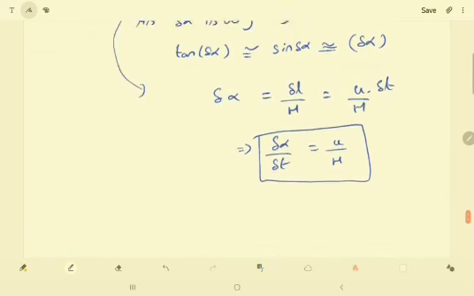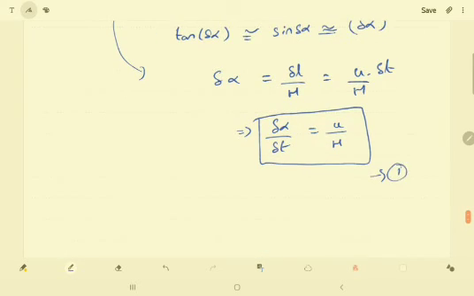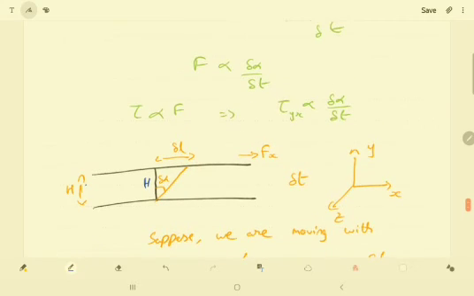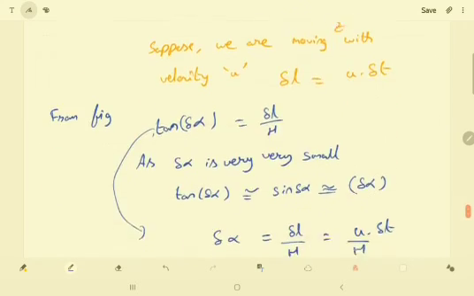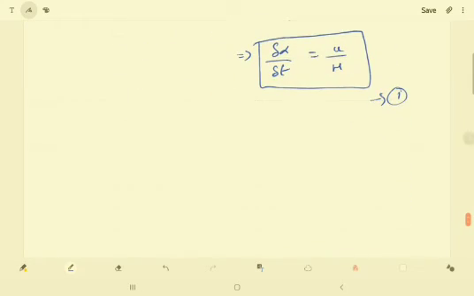Now we have studied before that tau yx is directly proportional to delta alpha by delta t. Applying this over here, tau yx is directly proportional to u by h.